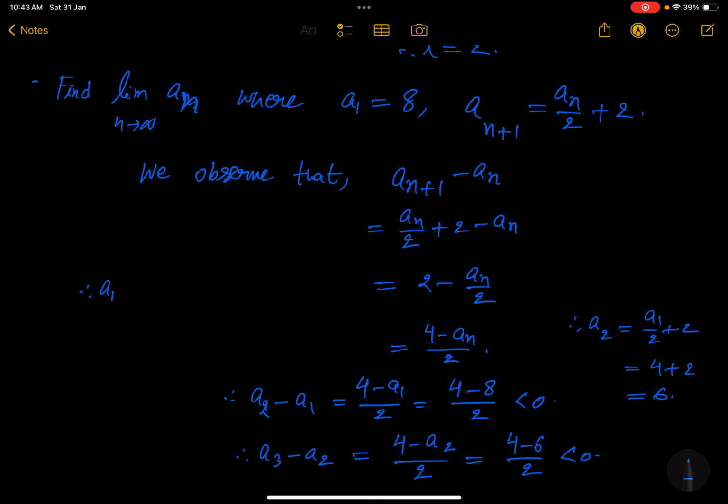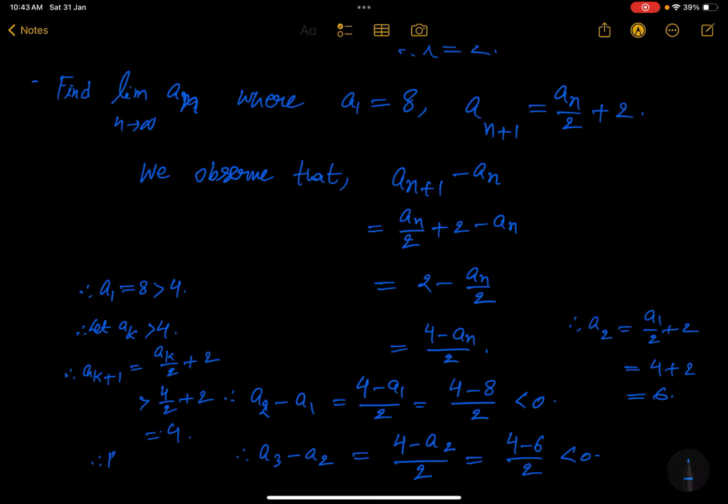So a1 is bigger than 4, so my question is, is each a_n bigger than 4? So let a_k be bigger than 4. So what about a_{k+1}? a_k by 2 plus 2 is bigger than 4 by 2 plus 2, which equals 4.